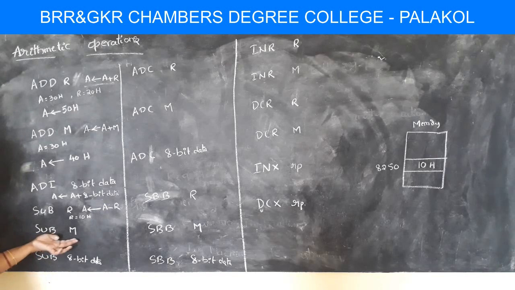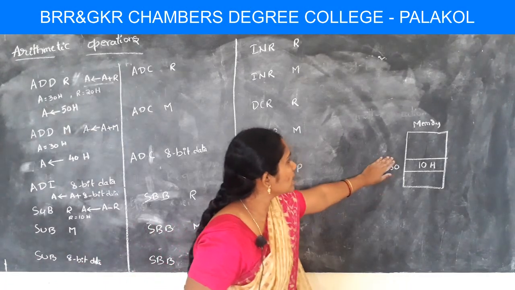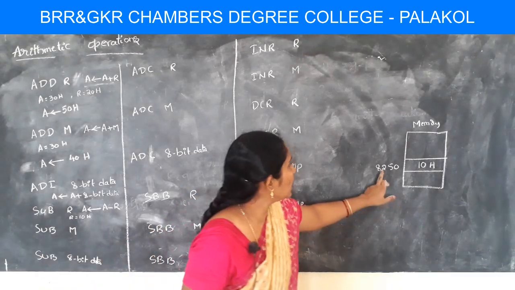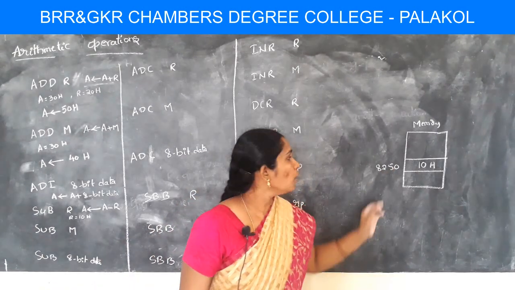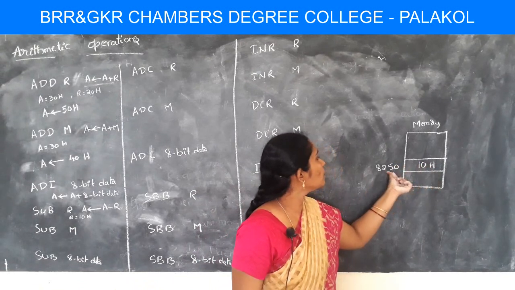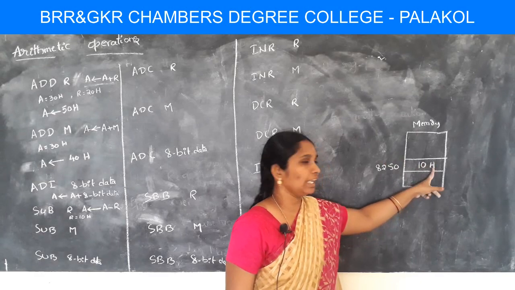And next after that, SUB M. This is also the same. Here I consider this a memory location. M always indicates the HL register pair, so the HL register pair holds an address location, and in that address location the data is 10H.